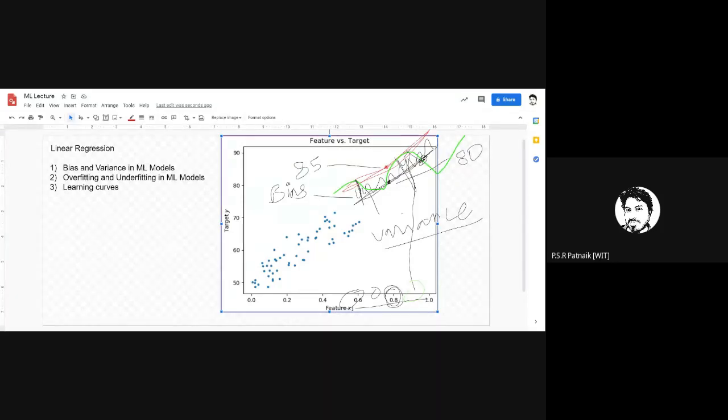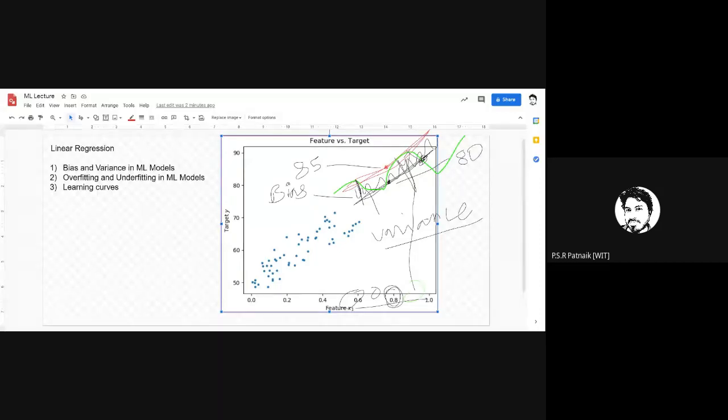And I can see Vanchika has asked a question. What she is asking is, does error margin mean bias? No. See, error margin is for one single data point. When I calculate error margin for all the data points, the general behavior of error margin is what I relate with either bias or variance.